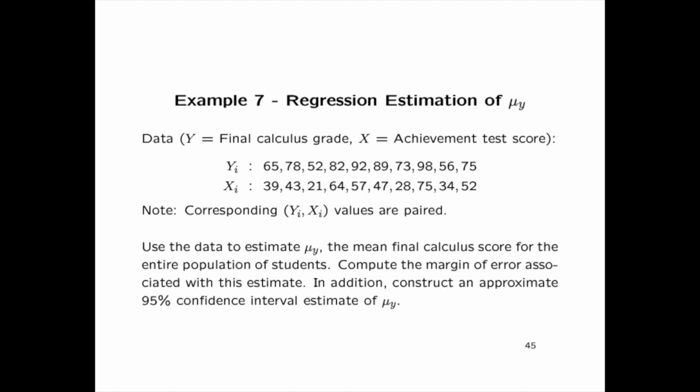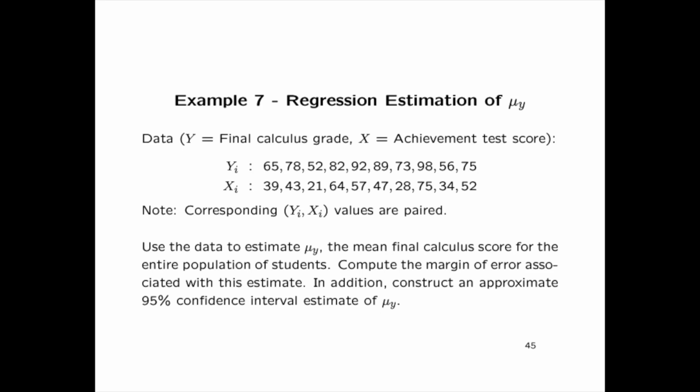Now for the sample, here are the values for the sample that we have. Y is the final calculus grade, X is the achievement test score, and as always, the corresponding X and Y values are paired. So the 39 goes with the 65, the 43 goes with the 78, and so forth.